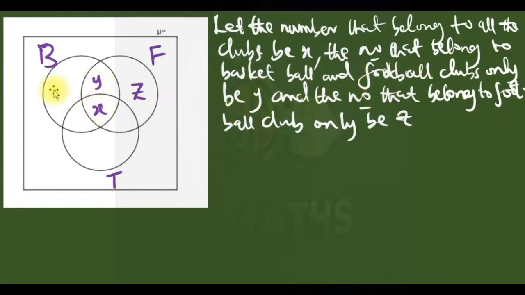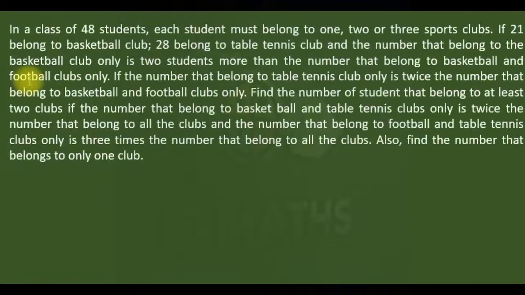So we'll go to football club and basketball only, which is Y. So the ones that belong to only basketball will now be Y plus 2, because they say there are 2 more. Do you get the logic? The one that belongs to basketball only is 2 students more than the one that belongs to basketball and football clubs only.